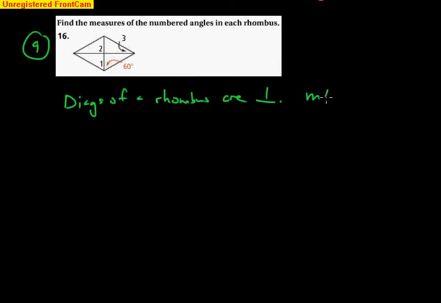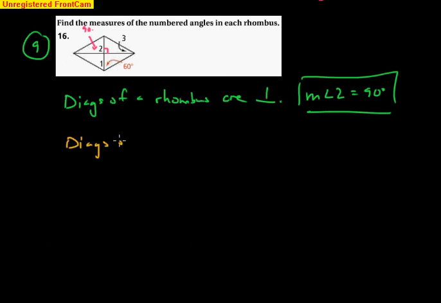So where they meet are right angles. So I know that the measure of angle 2 is 90 degrees. There's one. Okay. So maybe I'll put that on my picture. And I should know that all of these are right angles, right? All of them.